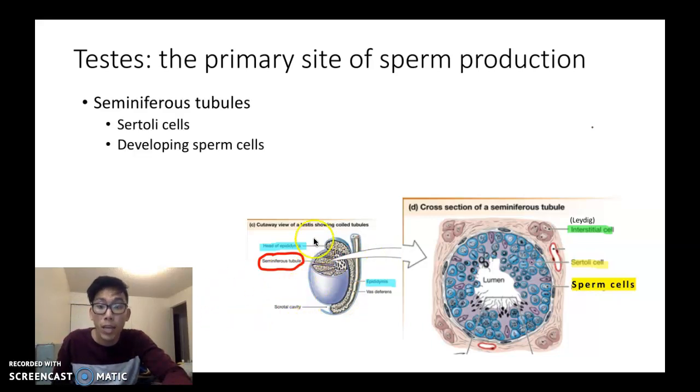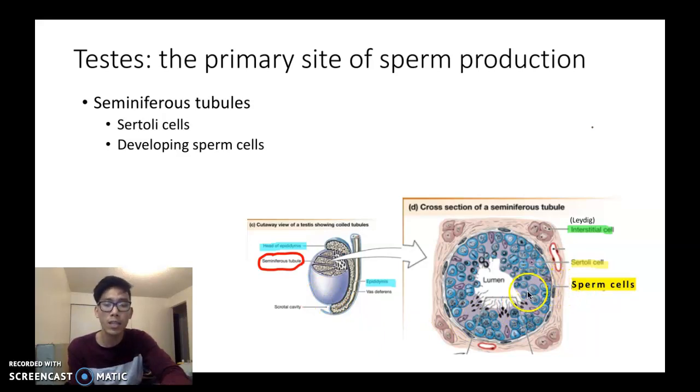So the cutaway image here on the left shows that the testes are composed of a lot of coiled tubules. These are the squiggly lines right in the middle. These are known as seminiferous tubules. And if we magnify this image further, we notice that the seminiferous tubule has two types of important cells, which are highlighted in yellow.